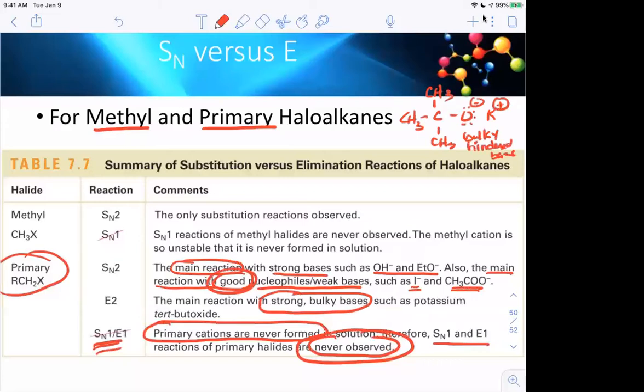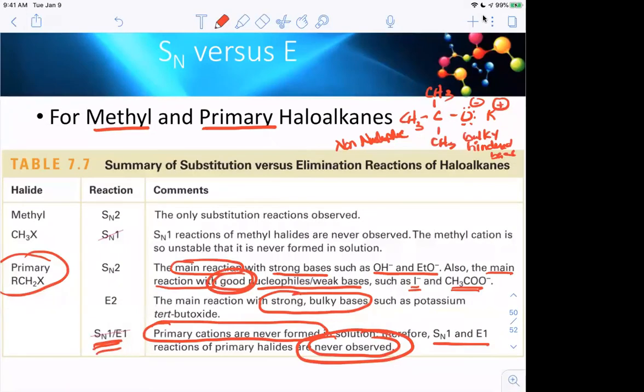It really can't access the carbon in order to do substitution. This is also considered non-nucleophilic, really, because it's really hindered. It's a bulky hindered base, which tends not to act as a nucleophile and more as a base because it's got this bulky alkyl group on it. So if I have that, my primary haloalkane will undergo E2.